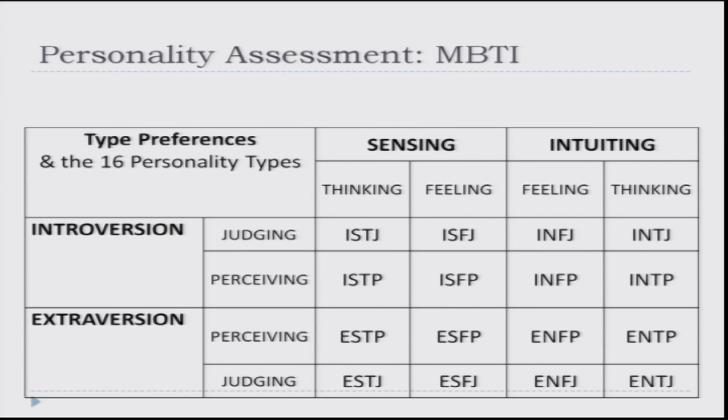Similarly, if I go to perceiving type, then you will have introverts who are sensing, thinking, perceiving type; introverts, sensing, feeling, perceiving type; introverts who are intuitive, feeling, perceiving type; introverts who are intuitive, thinking, and perceiving type. Similarly, you have extroverts who are sensing, thinking, perceiving type. So, these are the 16 different personality types that you can come forward with.